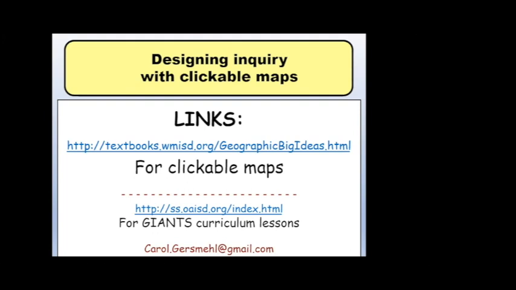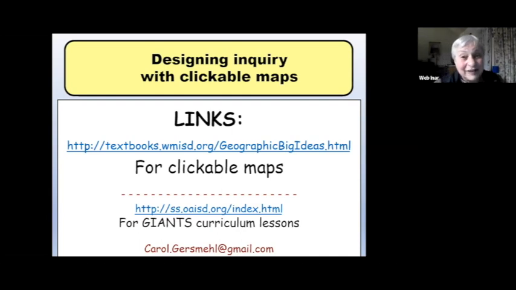Okay. And you'll also see that there's a black button and it says clear the map. Sometimes you just get too many layers turned on and you want to just start over again without having to click every one of them off.